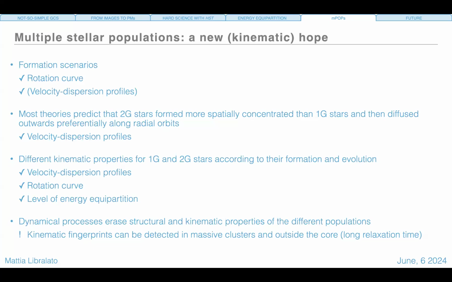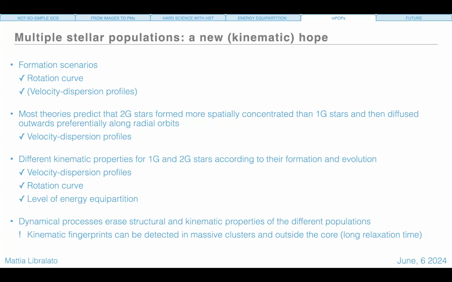So measuring the velocity dispersion and anisotropy profile can first verify if this condition is true, and also help you understand a bit more what the initial configuration was, and say something to plug into your modeling. So the bottom line is velocity dispersion, rotation, energy partition, all useful tools with which we can learn more about the first and second generation stars in globular clusters.